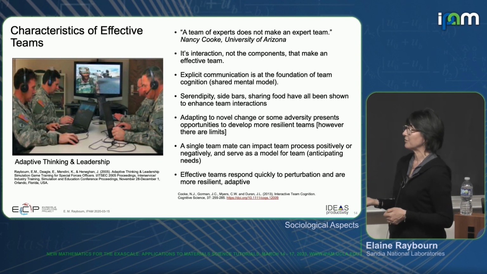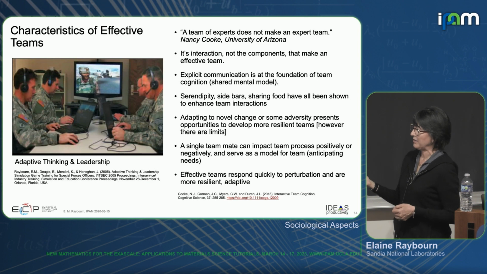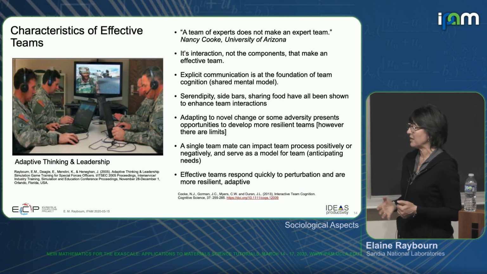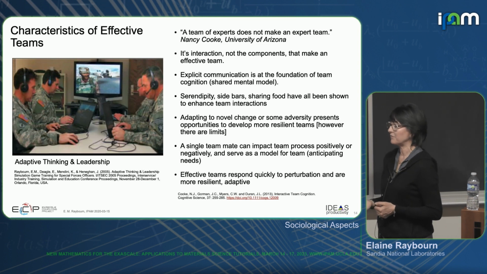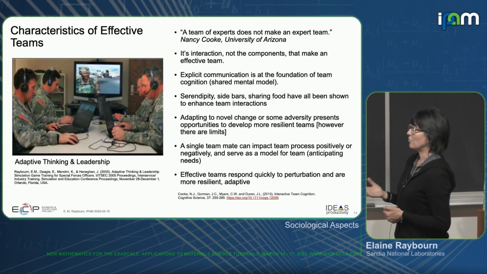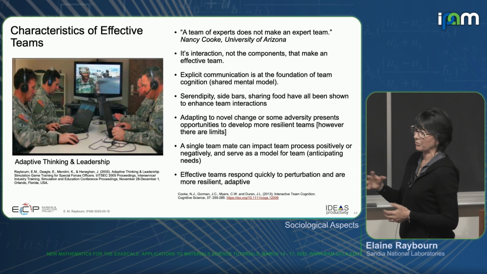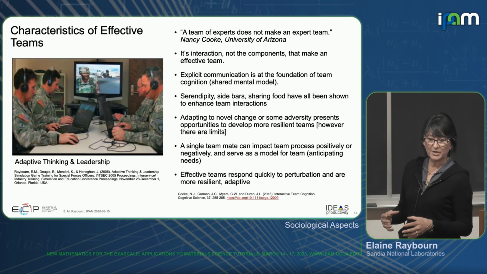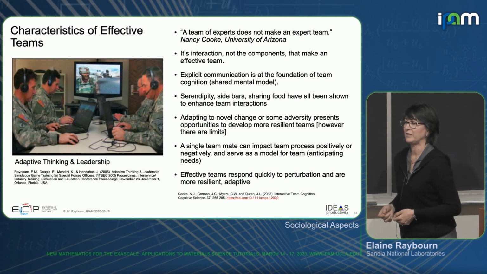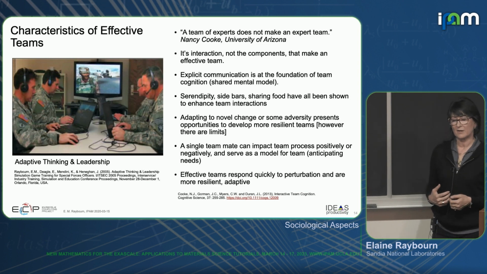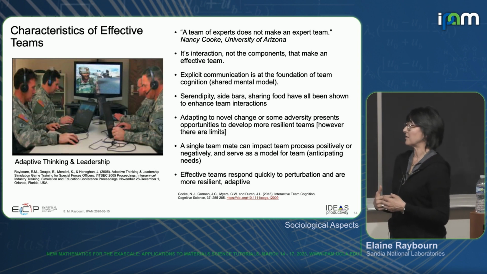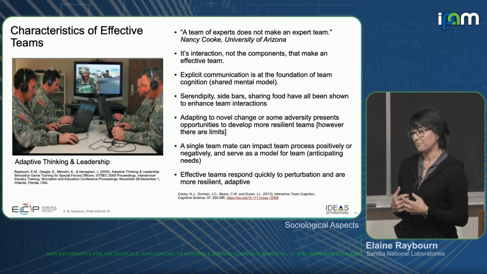And in my own research, in creating a training system using computer game technology called adaptive thinking and leadership, what we did was we actually created an environment, or crucible, where we could perturb the environment to elicit reactions that the trainees would use later on.